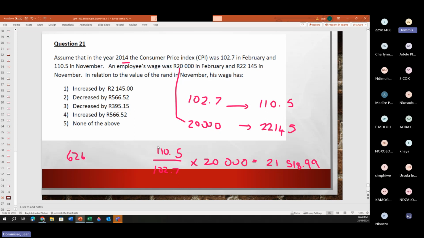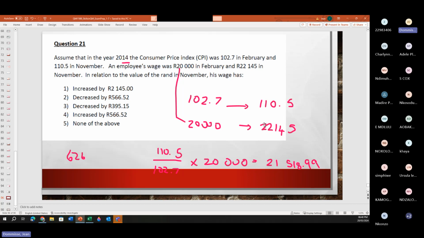I agree. For me, I would have used the ratio. That's why it feels to me it's 110 divided by 102.7, and I multiply by 20,000, and that should have been the value.